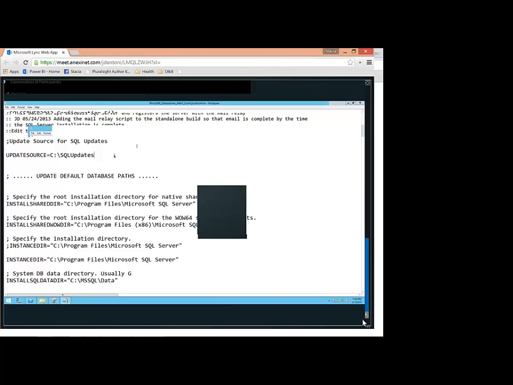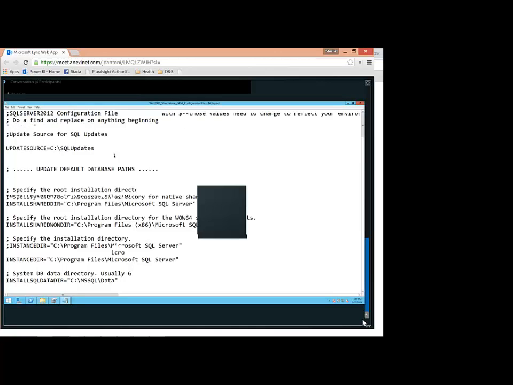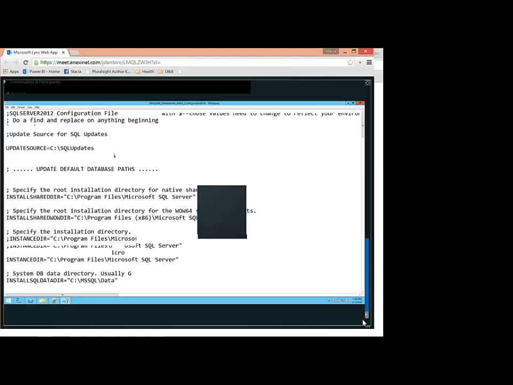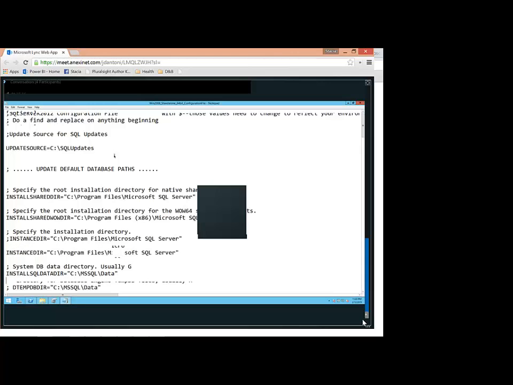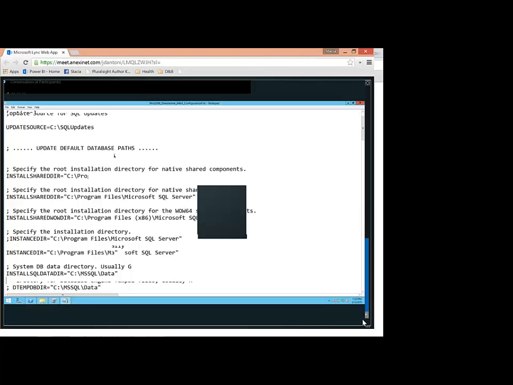In this case, it's my VM, so I'm just using C. Here we're specifying where we want to install the system databases. Once again, I would definitely not recommend doing this on C. This is really just for demo. TempDB we're also specifying, so we could put that on its own drive. Database log files, and then user databases.